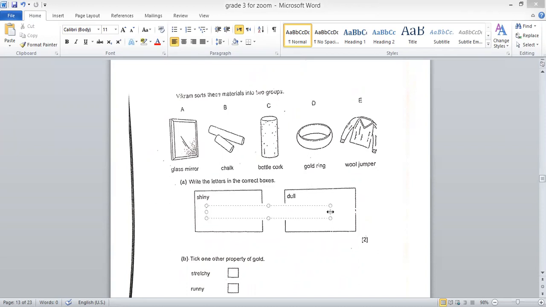Shiny will be glass mirror, A, and gold ring, D. A and D. Dull will be chalk, B, bottle cork, C, and wool jumper, E. So dull will be B, C and E.